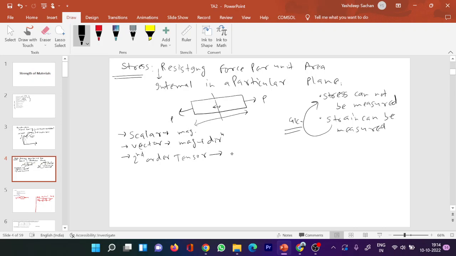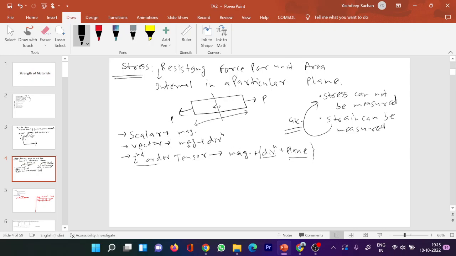Stress, strain, moment of inertia, whatever we deal with here, are second order tensors. Apart from magnitude, a second order tensor depends on two other things: direction and plane. Here the plane comes into the picture for stress. The number of other things needed to completely signify a quantity shows which order tensor it is. So stress, strain, and moment of inertia need direction and plane: second order tensor.